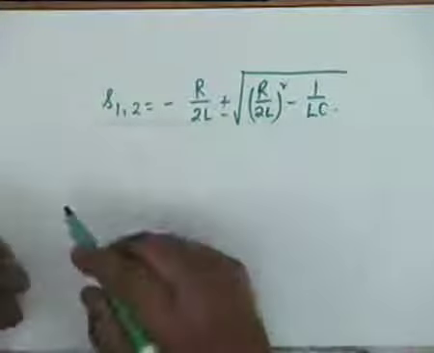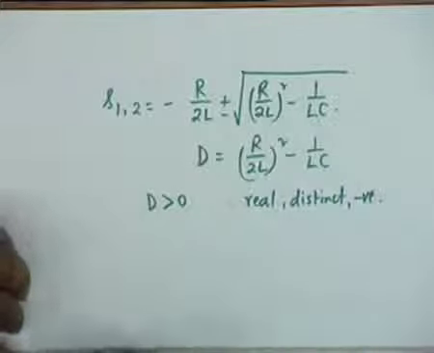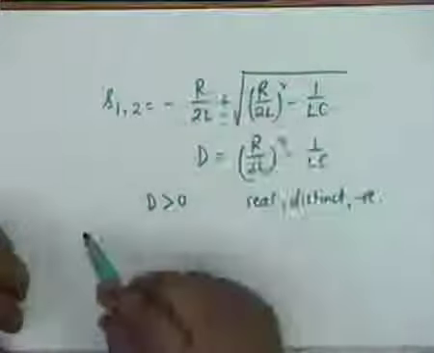If D is greater than 0, then obviously the two roots shall be real, distinct. Anything else that you can say? Negative. Isn't that right? Minus R by 2L plus a quantity which is less than R by 2L, obviously it shall be a negative quantity.